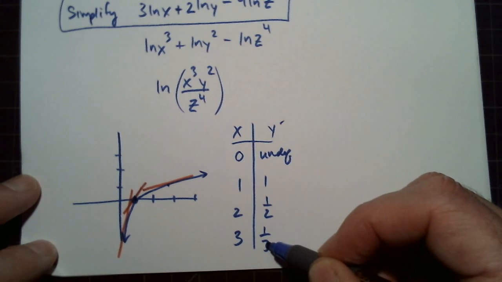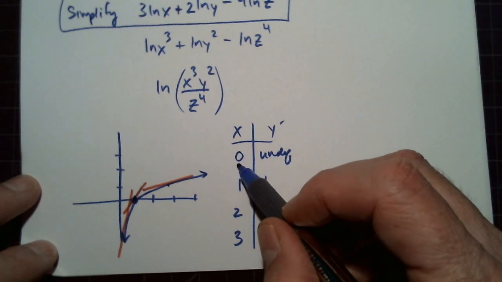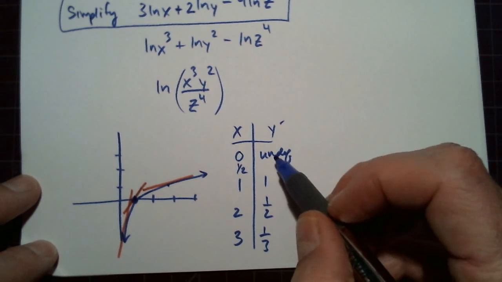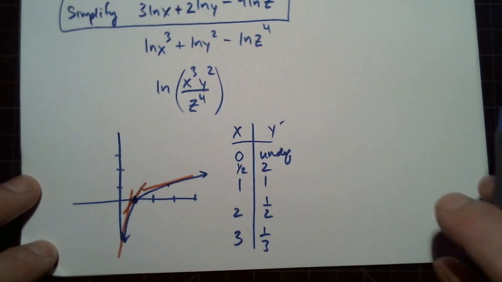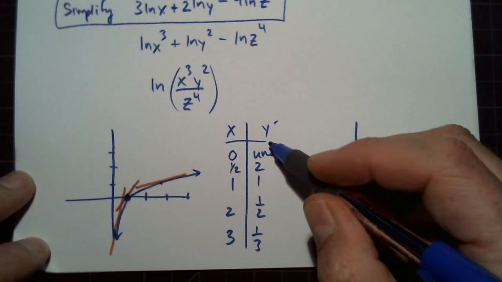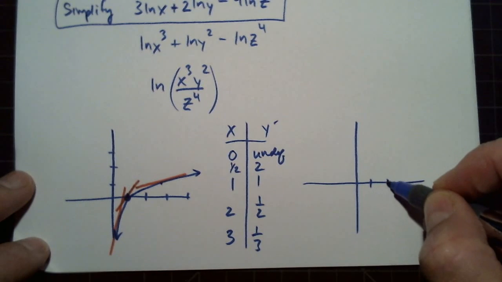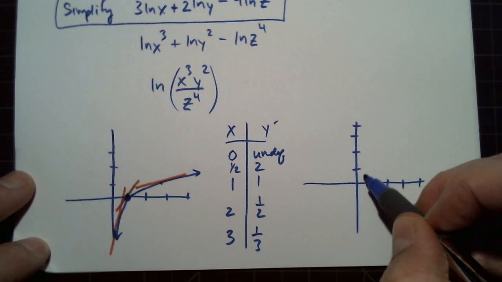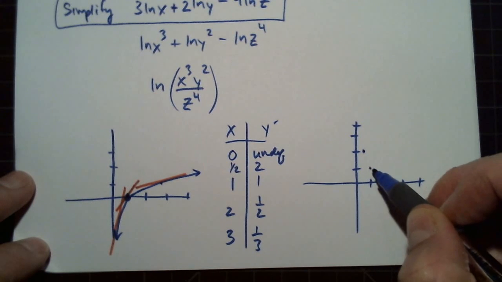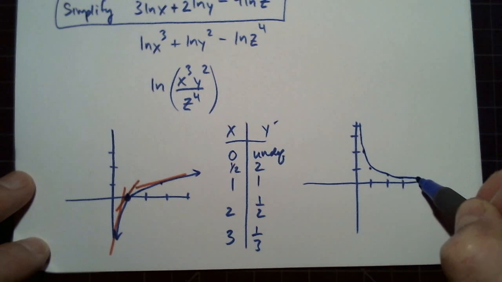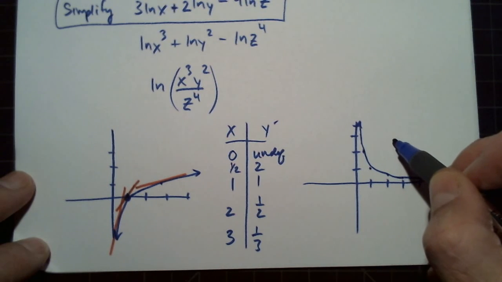So we see the slopes decreasing. Even if we went back up to 1/2, like right here, we see a steep slope. And at 1/2, maybe we have a slope of 2. Then we can see what that graph looks like when we graph all of the slopes. When we're at a fraction, it's high. At 1, we go to 1. At 2, we're at 1/2. And you can see the graph of 1 over x.